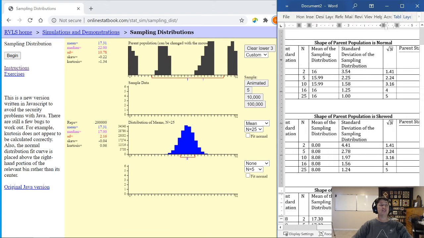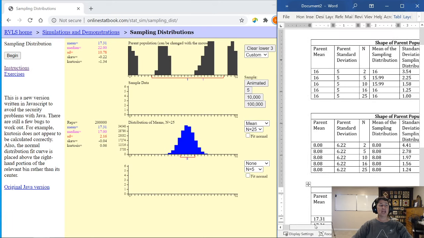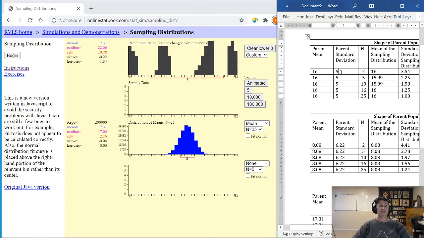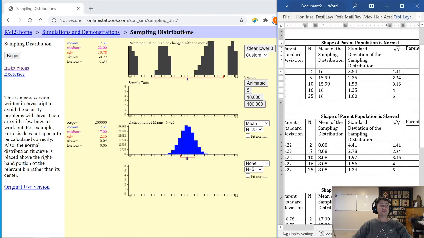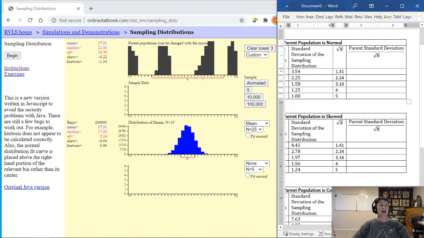In this case, my parent standard deviation was 5, and I'm going to divide that 5 by this square root of n. So I'm taking 5 and dividing it by this 1.41, and I want to see what that is equal to.